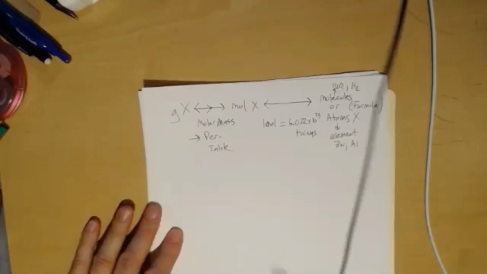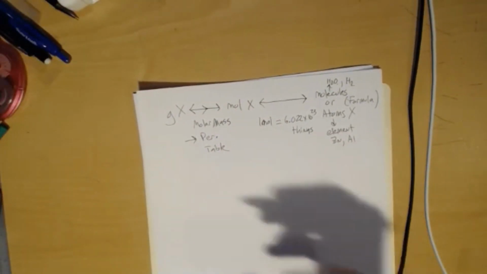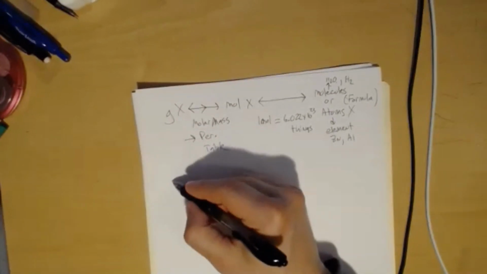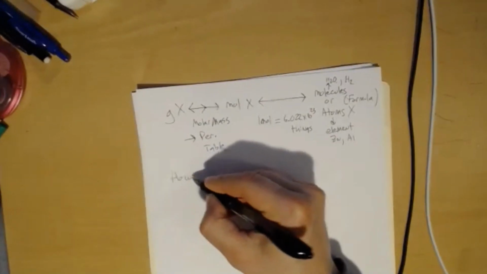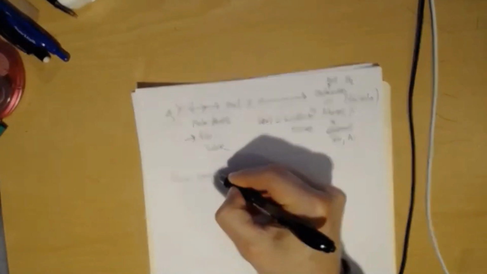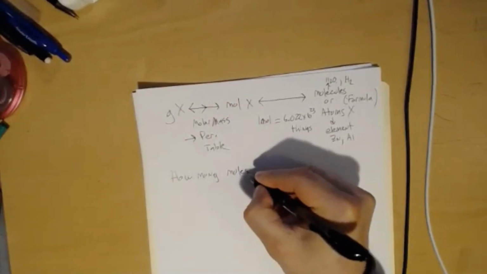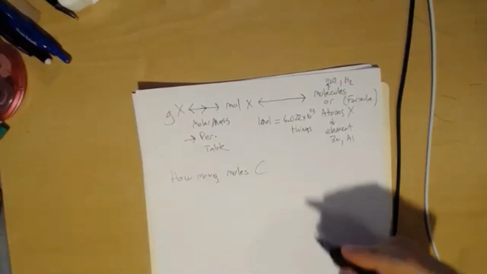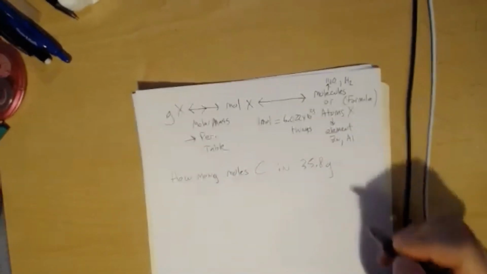So if we do that, we could find out how many moles of carbon are in 35.8 grams.